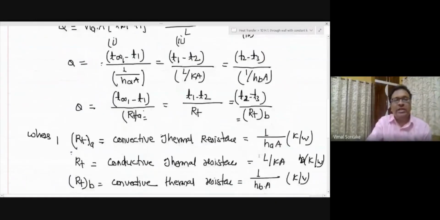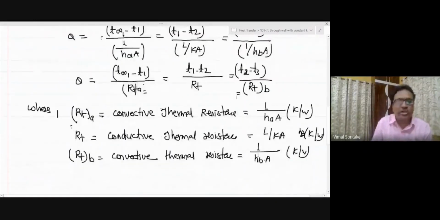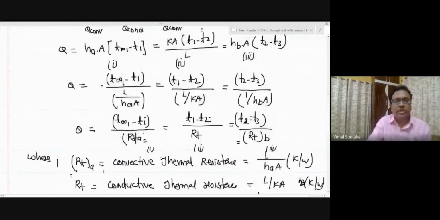Now, using these individual expressions, equation number 1, equation number 2, and equation number 3, we can find out the variation of this temperature T1 and T2. So our first aim has been achieved. Now how to calculate the heat transfer rate, that is Q?